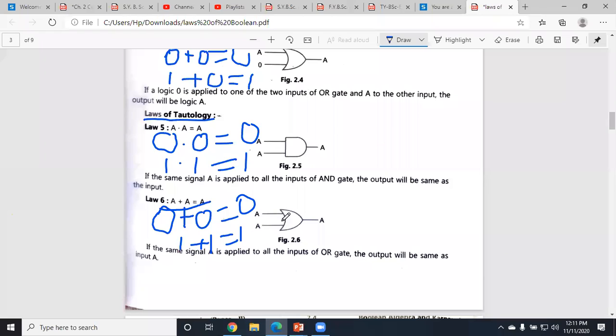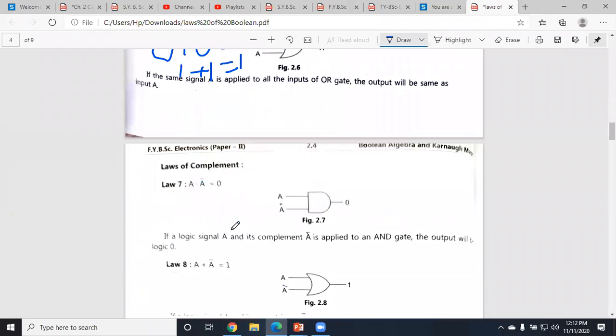And to represent this using a logic gate, I use OR gate. Why? Because there is a plus sign, and plus sign represents addition. It's not AND gate, it is OR gate. See the difference. This is the AND gate and this is nothing but your OR gate.